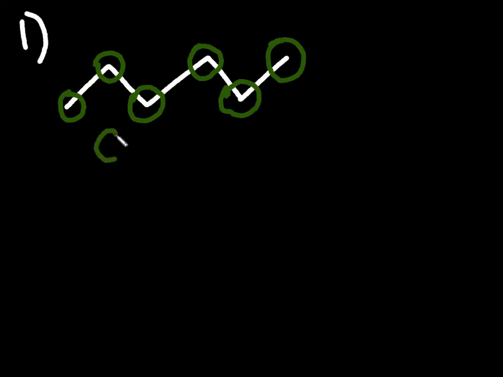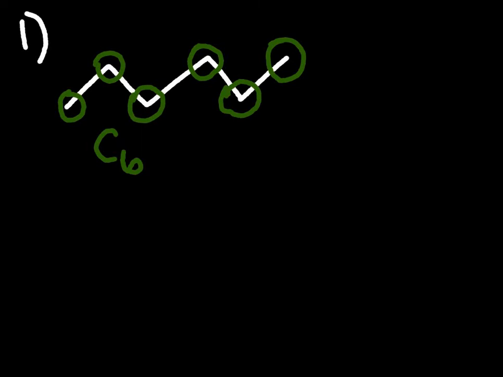6 carbons, which is C6. Now, how many hydrogens are there? Now, when we see an ending like this here, there will always be 3 hydrogens.